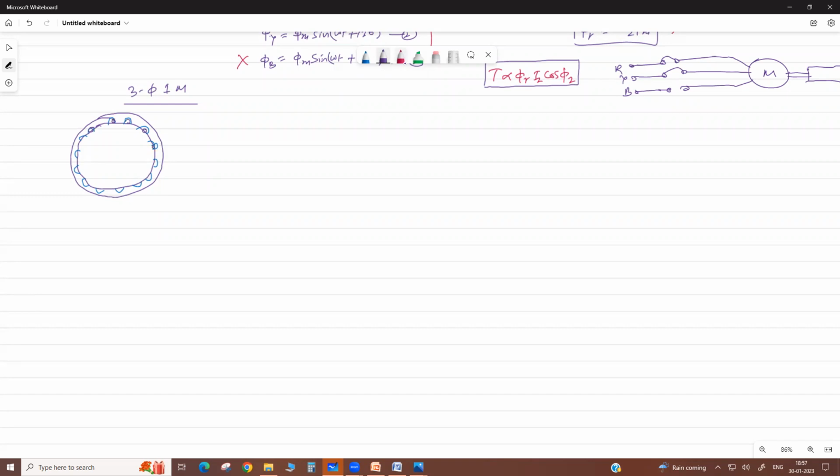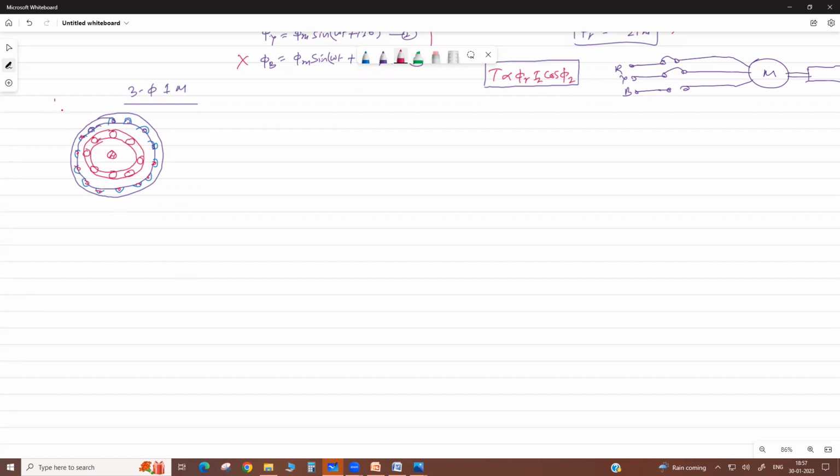Winding is carried out here. This is the stator 3-phase winding. Then there is a rotor. This is the shaft. On the outer periphery of the rotor, bars are put in, like these bars in a squirrel cage. These bars are short circuited with an end ring like this, a copper ring.